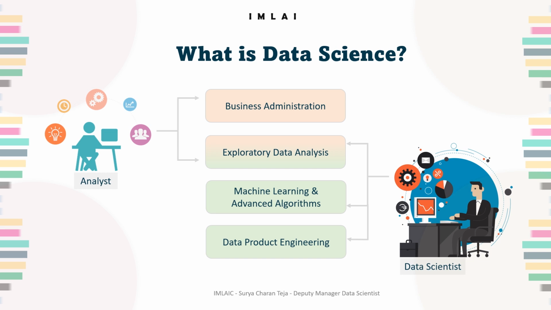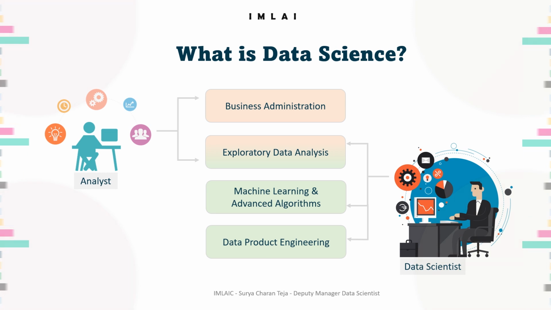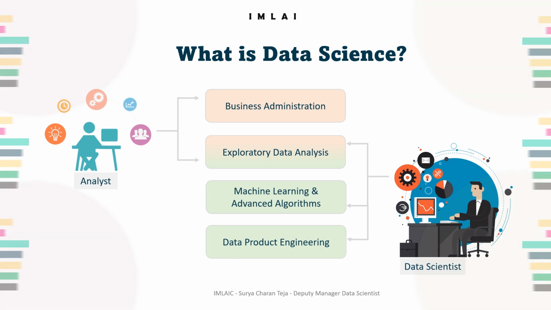So he will be doing it all. So what is data product engineering? If you are not clear, I'm going to explain, but most of you might know about machine learning, algorithms and EDA, so that's why I'll explain.